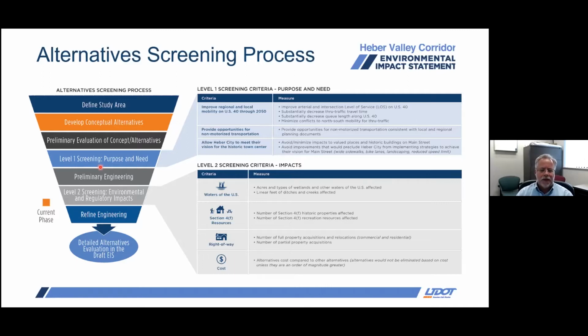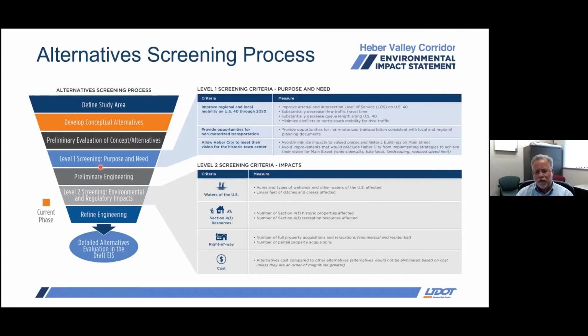It's at this stage that we begin to look at how well each of the alternatives meet the purposes of the project. This is a very objective view of analyzing the alternatives. We'll use our traffic modeling to see how well each of these alternatives help to reduce congestion and improve the mobility on US 40.